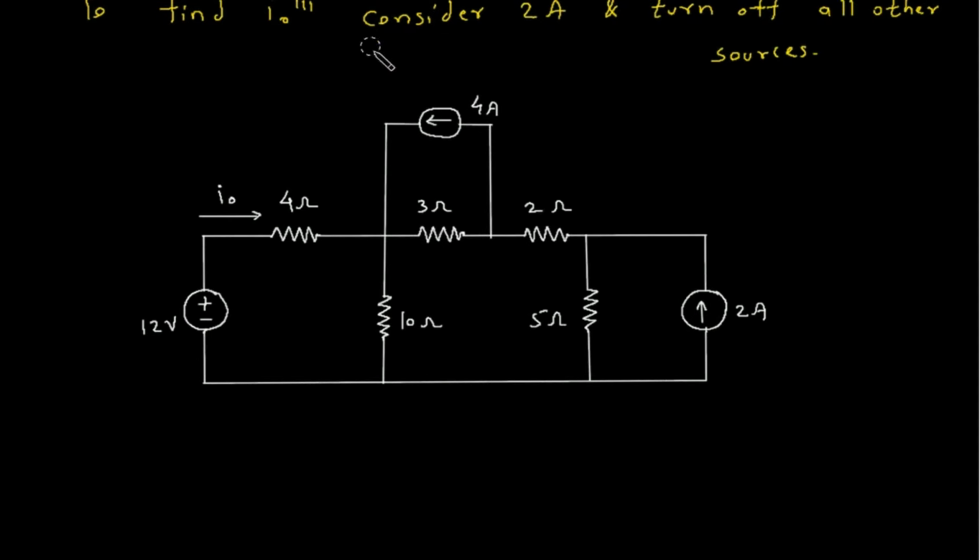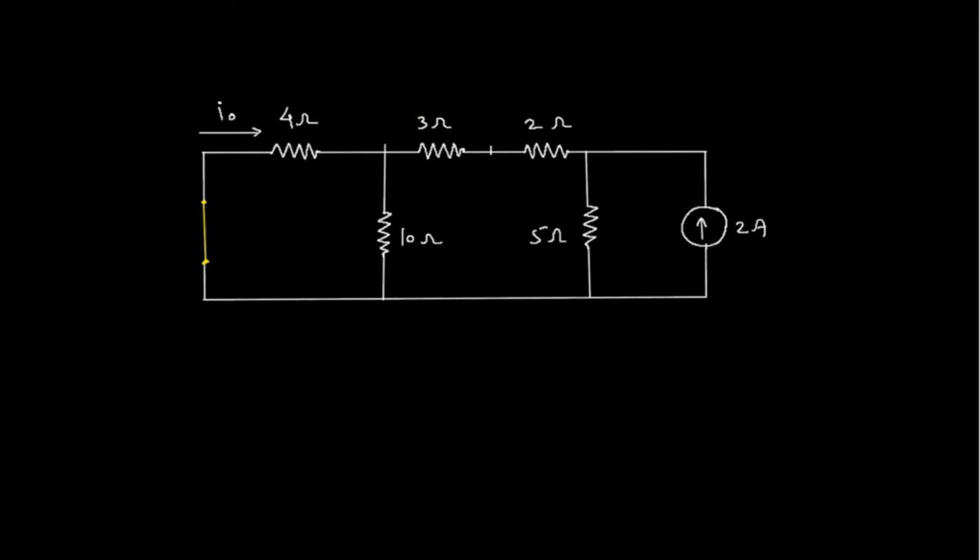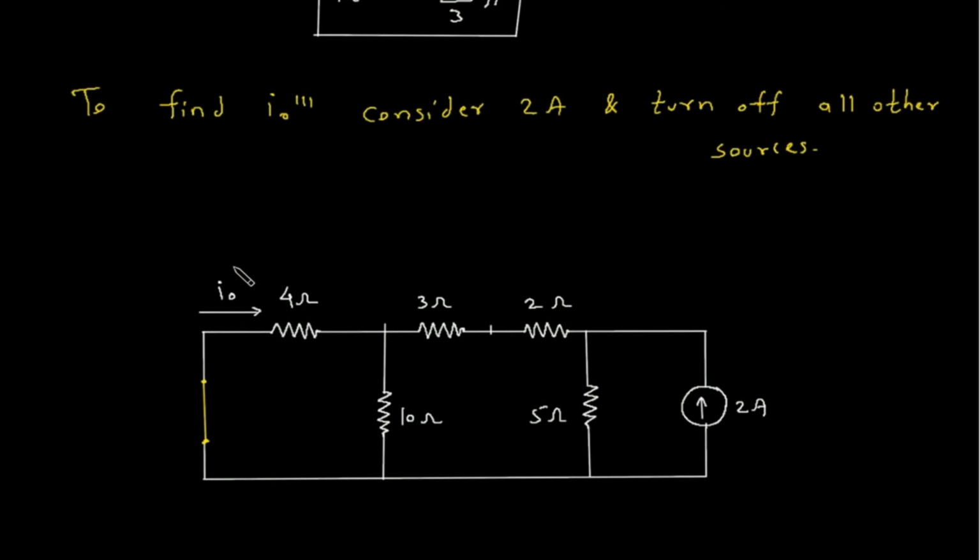So when we turn off this current source, this will be open circuited. And when we turn off voltage source, this will be short circuited. Now we have to find this IO. This will be IO triple prime.